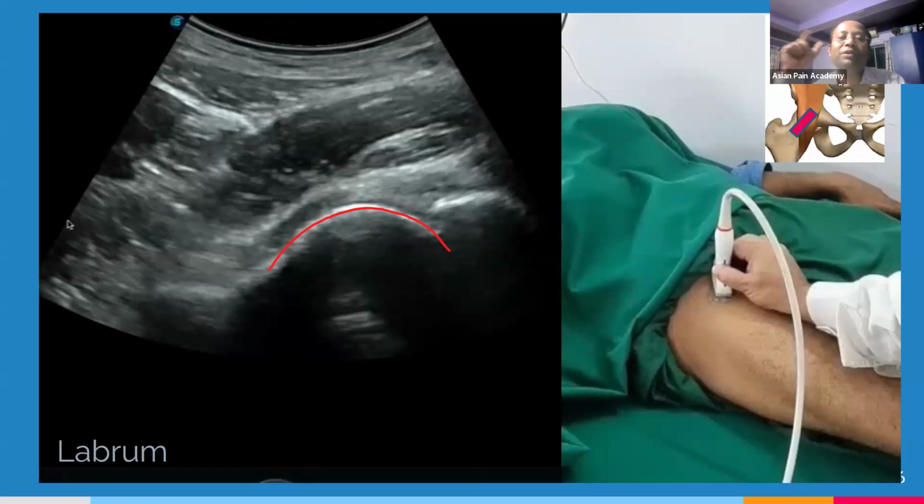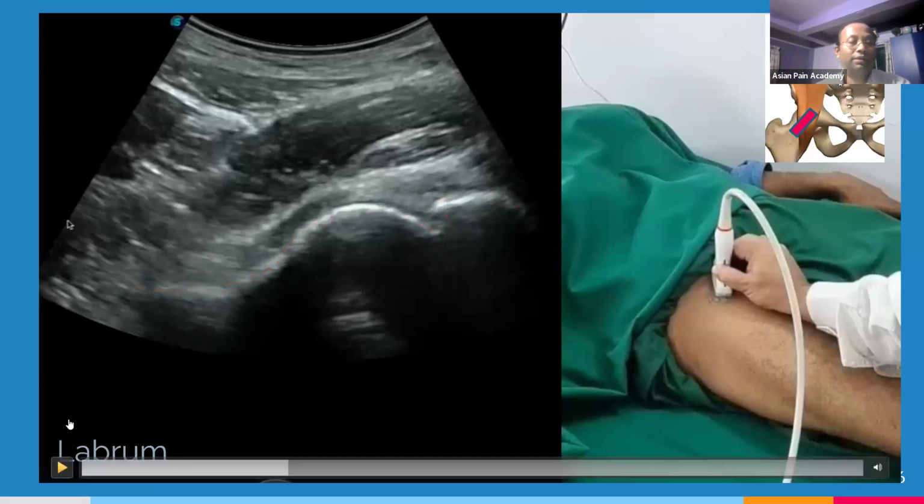So the first step is to find the head of the femur. As soon as I find the head of the femur, then it becomes much easier to find the neck this side and this side labrum. Okay, so that is just positioning of your hand. So this is the acetabulum. And where is the labrum then? Labrum is this area, this triangle. Okay, this side is the labrum.